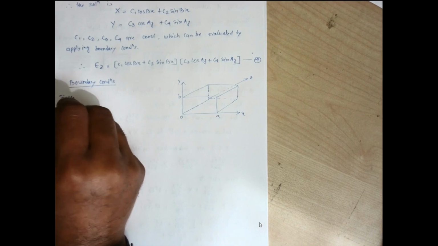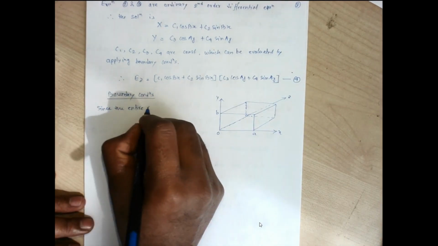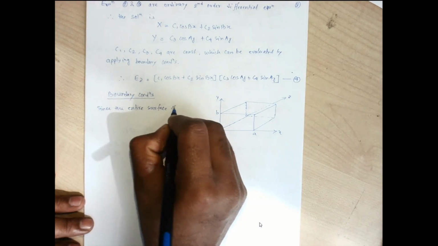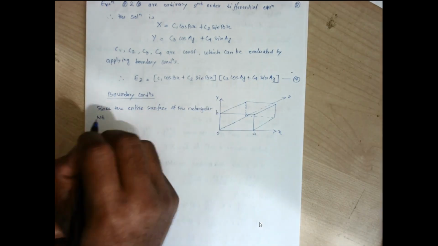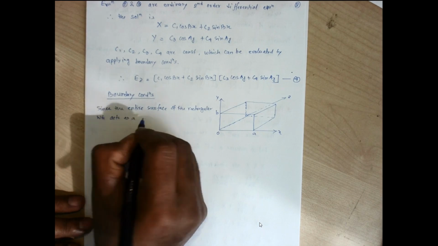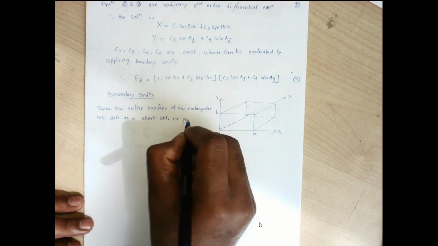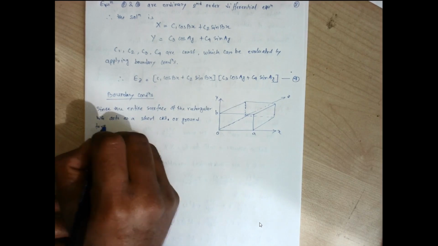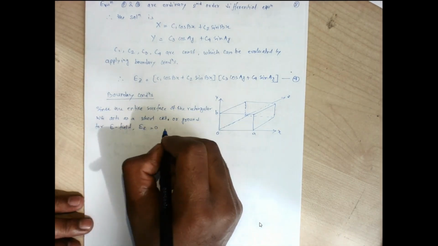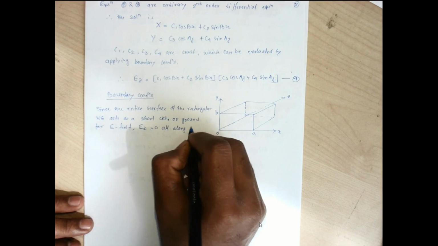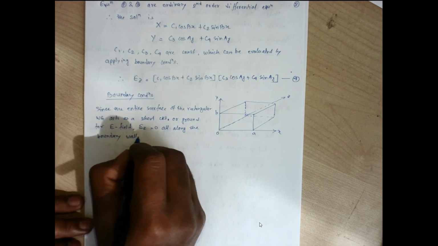Since the entire surface of the rectangular waveguide acts as a short circuit or ground for the electric field, Ez is equal to 0 all along the boundary walls of the waveguide.